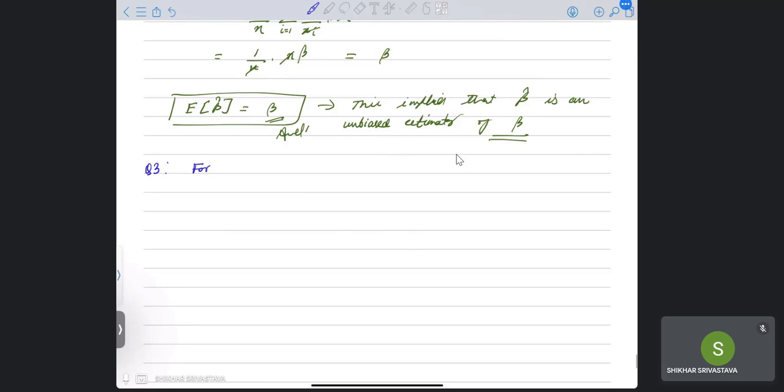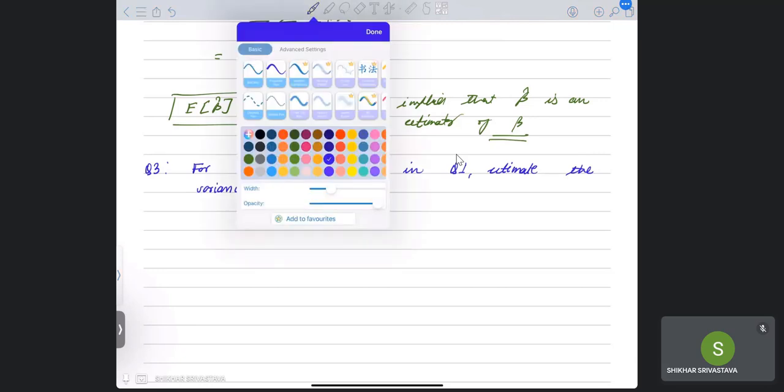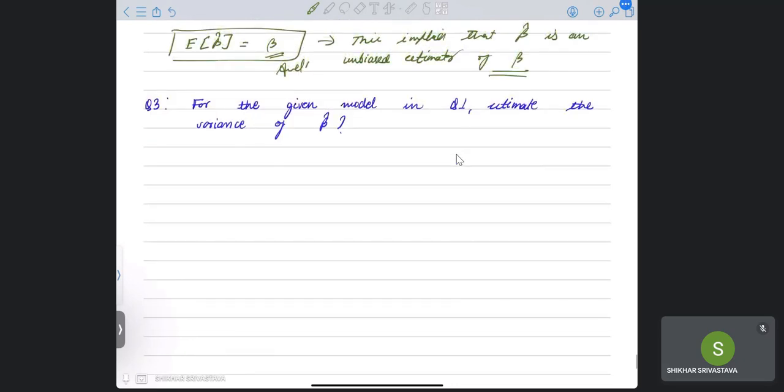For the given model in question 1, estimate the variance of beta cap. So on similar grounds, we can solve this question also.